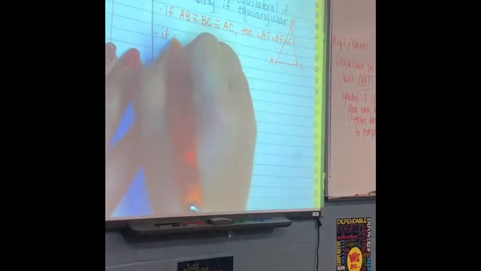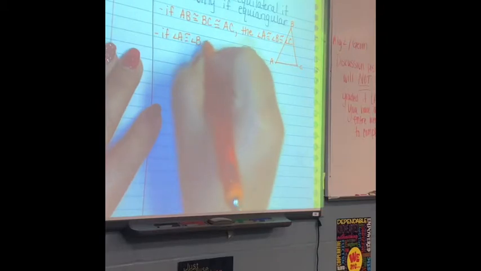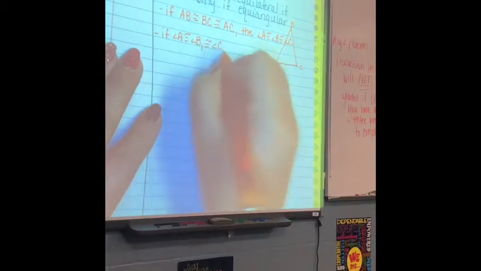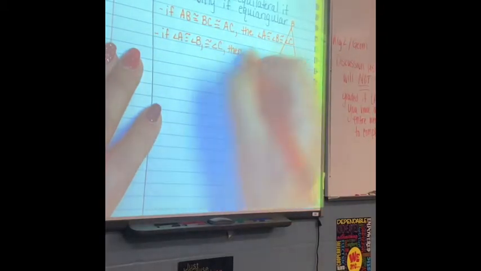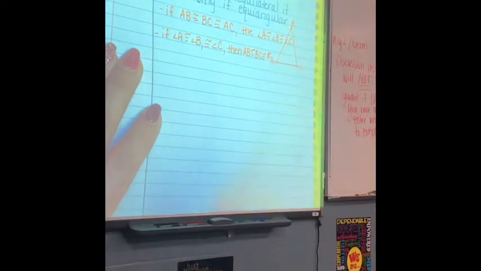And vice versa, if angle A is congruent to angle B is congruent to angle C, what else do you know? All the sides are the same. AB is congruent to BC is congruent to AC.